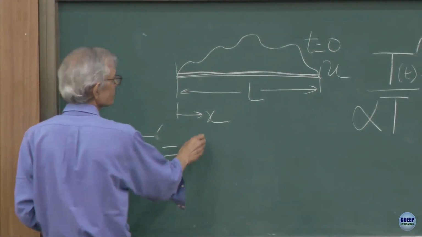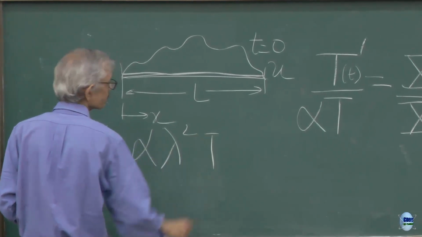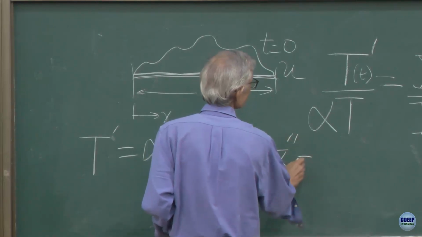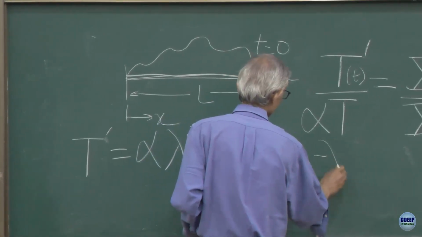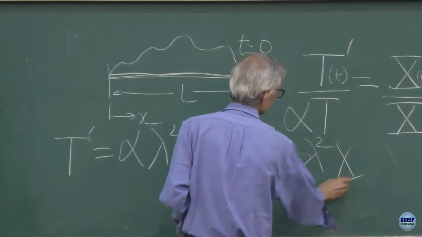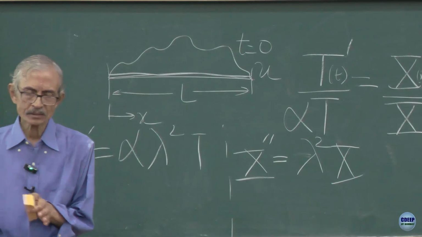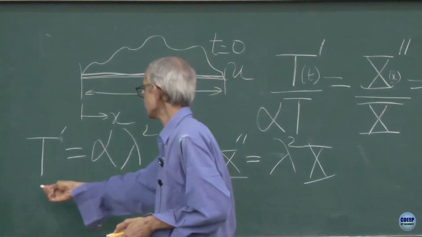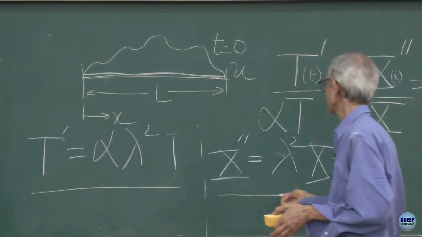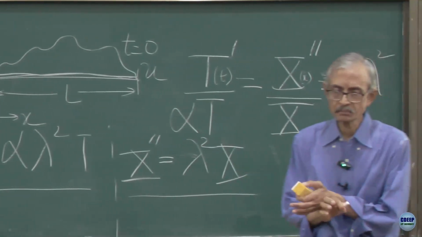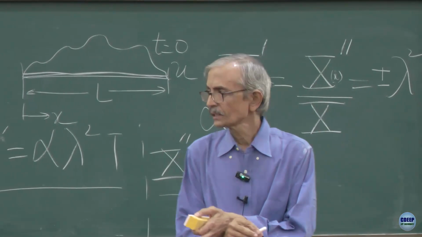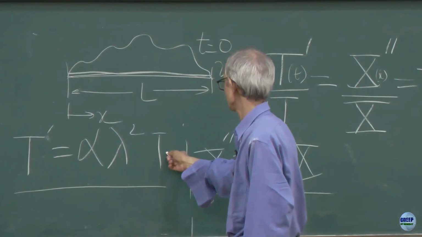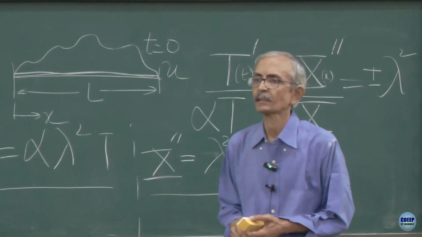So T prime is equal to alpha lambda square T, that's one equation, and X double prime is equal to lambda square times X. We'll worry about the sign of lambda square in a minute. So we have successfully separated the variables in the governing equation, and we have now an ODE in T and an ODE in X.